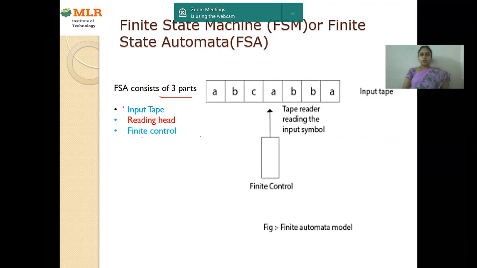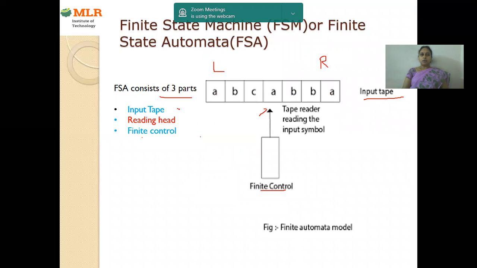Coming to the input tape, when you observe the diagram, here we have the input tape, this is the reading head, and here it is representing the finite control. The input tape consists of squares, and each square has a single symbol placed in it. The processing of the string is done from left to right.